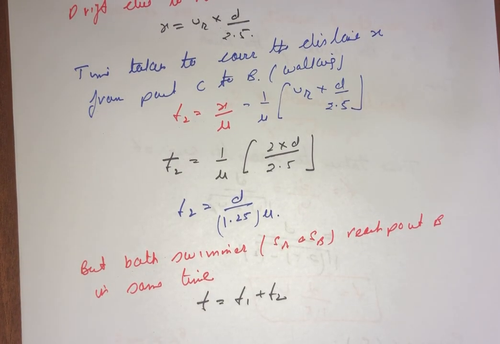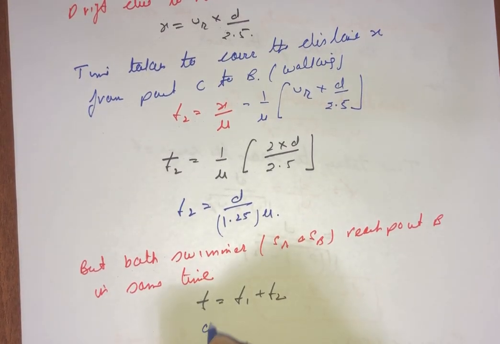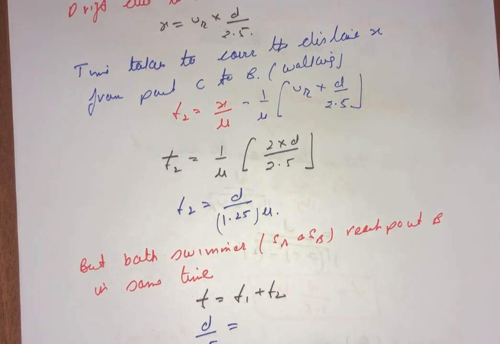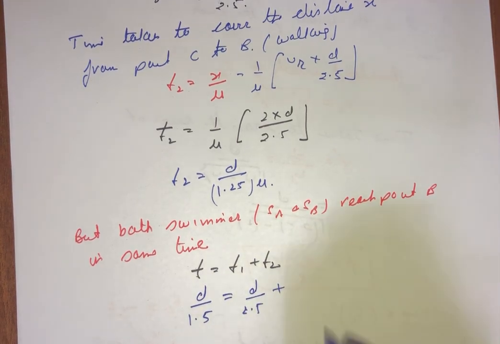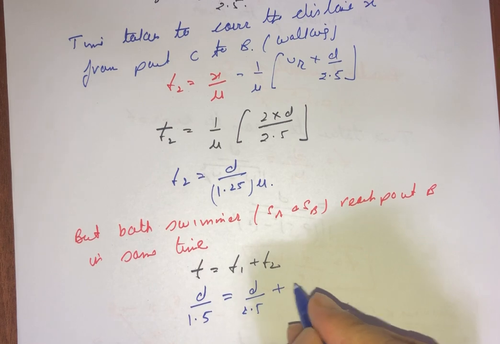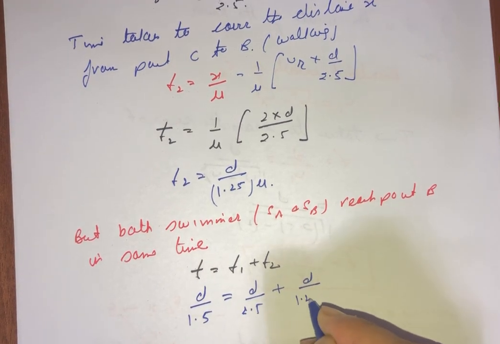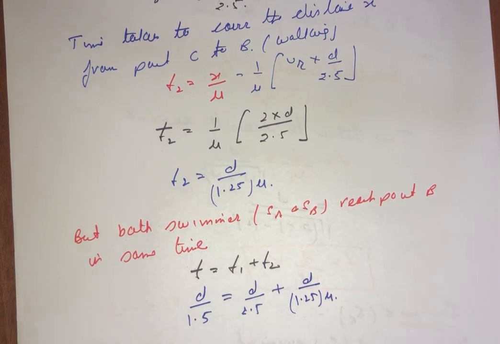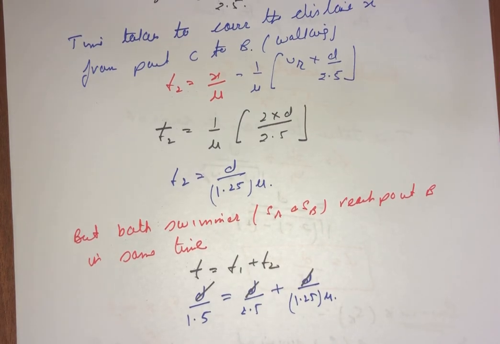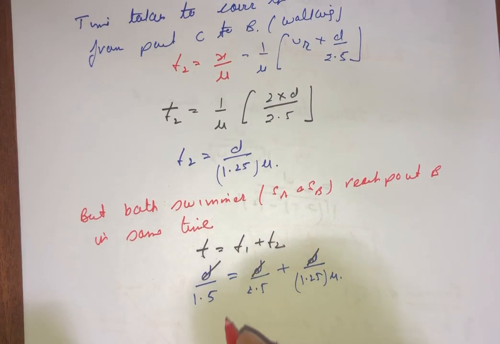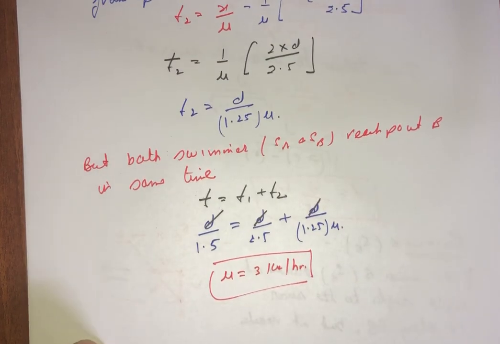So we can substitute the values. Okay, t was d upon 1.5, and t1 was d upon 2.5 plus t2, which was d upon 1.25 into u. Okay, so d cancels out, and if we solve it, u will come as 3 km/h. So this is the final answer. Thank you.